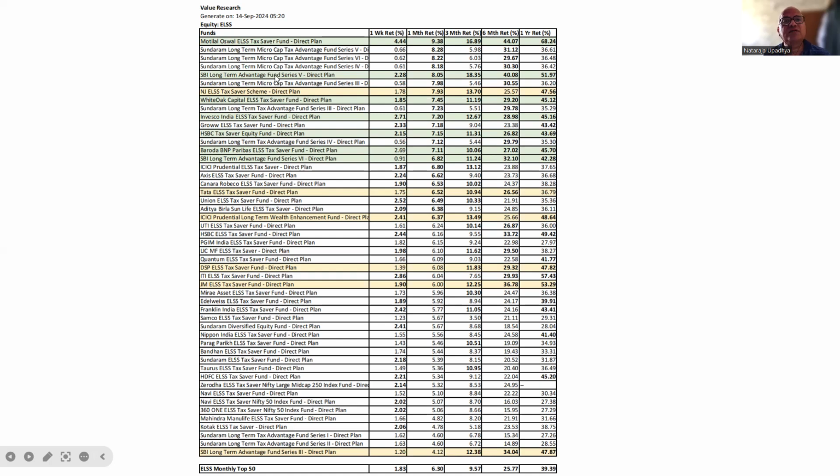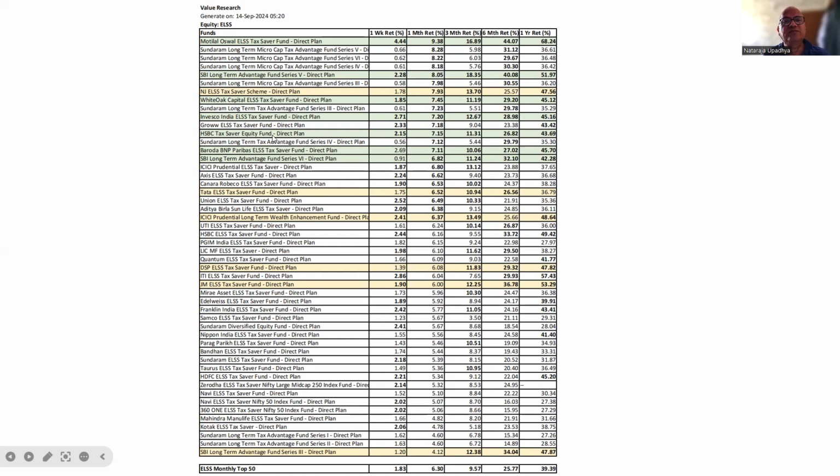SBI Long Term Advantage Fund Series 5, 8.05 for the month, 51.97 for the year, sorry. White Oak Capital ELSS Tax Saver Fund, 7.45 for the month, 45.12 for the year. UNESCO India ELSS Tax Saver Fund, 7.2 for the month, 45.16 for the year.